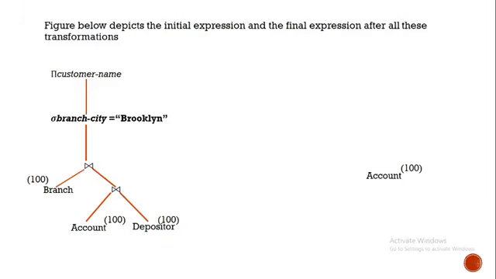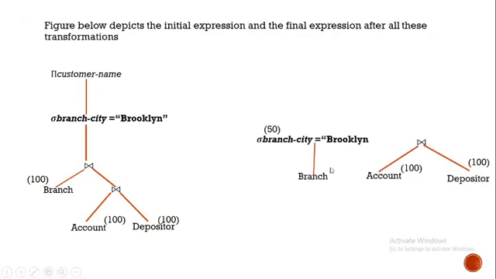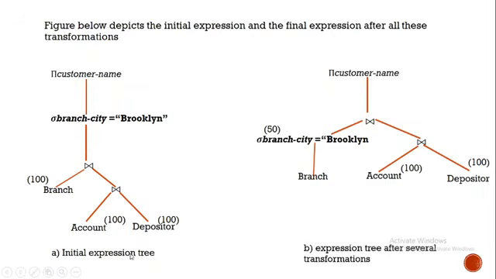Whereas in the second query, 100 rows of account are joined with 100 rows of depositor, but the result is joined with only the 50 rows of branch, because the selection is done in the earlier phase only, where branch city equals Brooklyn. And then finally the customer name is projected. So this is the initial expression tree, and this is the expression tree after several transformations. Both are equivalent expressions.